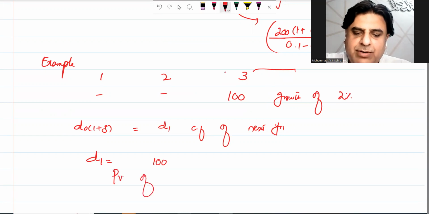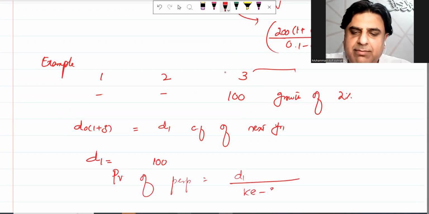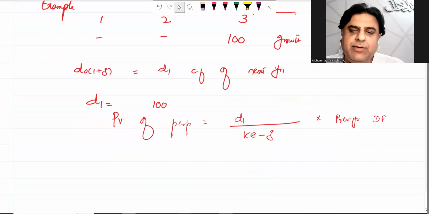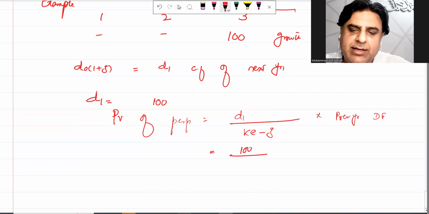How will you find the present value of perpetuity now? D1 divided by Ke minus g, into the previous year discount factor. Why? Because this is delayed perpetuity. D1 is 100, divided by 0.1 minus 0.02, into the second year discount factor.